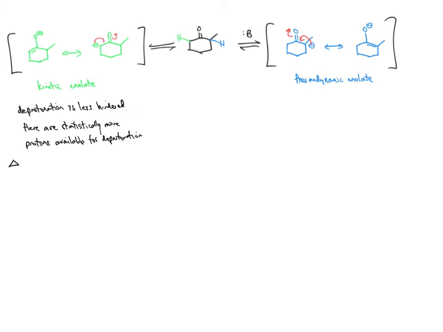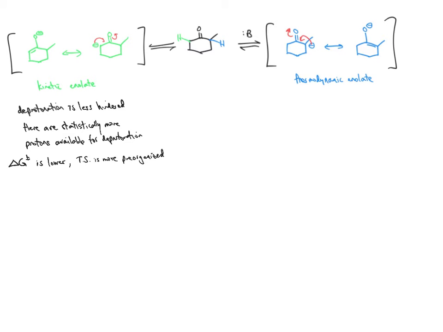And so what we say is that the delta G double dagger, the transition state for deprotonation, is lower. The activation energy is lower. The transition state is more pre-organized for deprotonation.